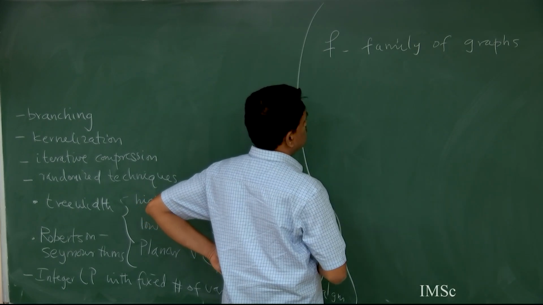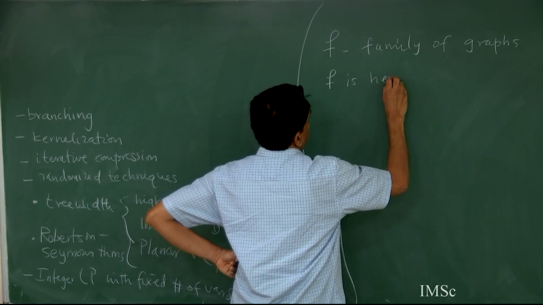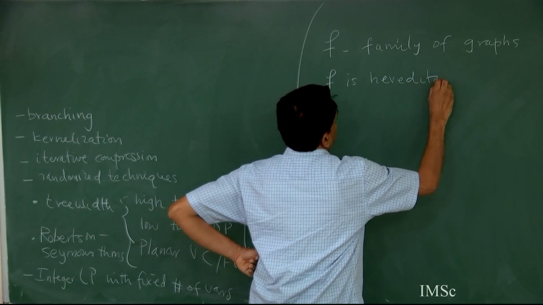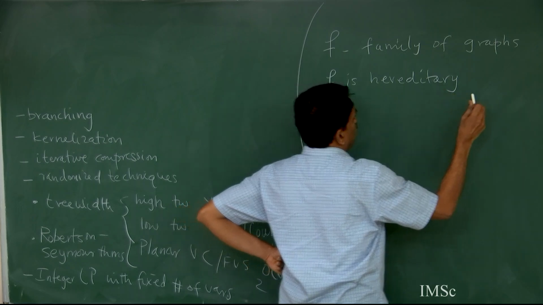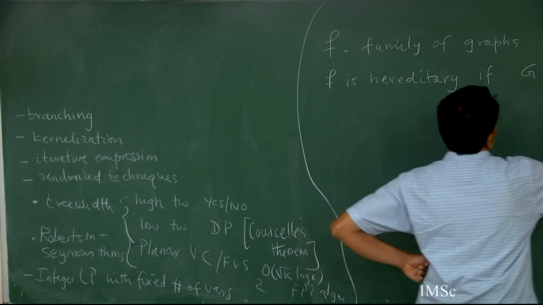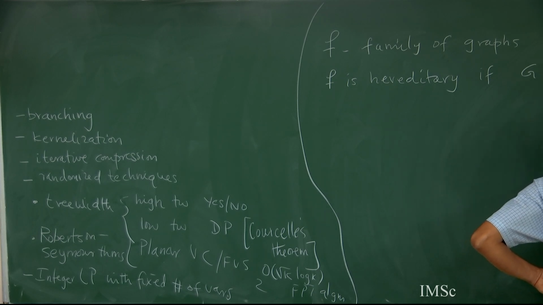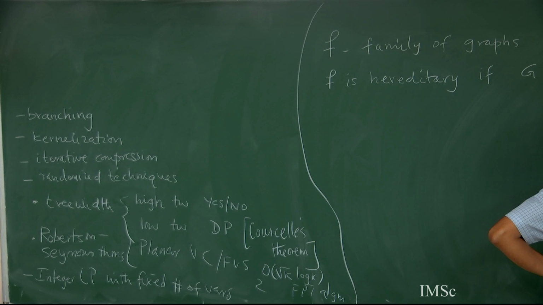And we call it hereditary when the following happens: if G is in F and H is an induced subgraph of G, then H is also in F. Okay.